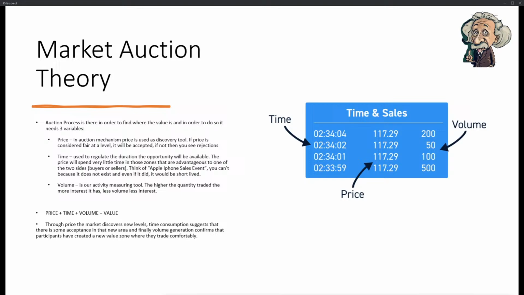Market auction, I mean, it's made up of three components, right? You have the time, price, and volume. Price is basically your discovery tool, right? And if you apply it to your simple life, how many of you guys have gone and bought eggs recently?